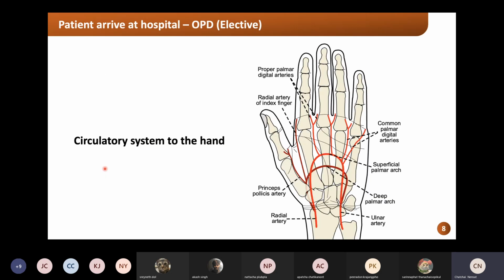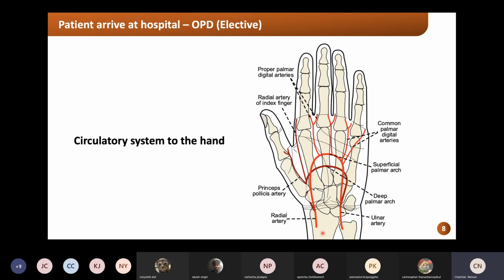Here is a schematic I would like to show you of the circulatory system of the hand, from the radial artery and ulnar artery. You will see that these two arteries have collateral circulation in the hand. We call it the palmar arch, which perfuses blood to our fingers and thumb.